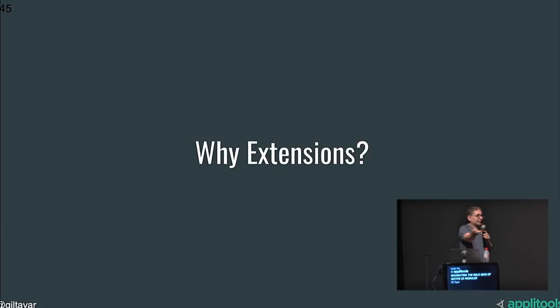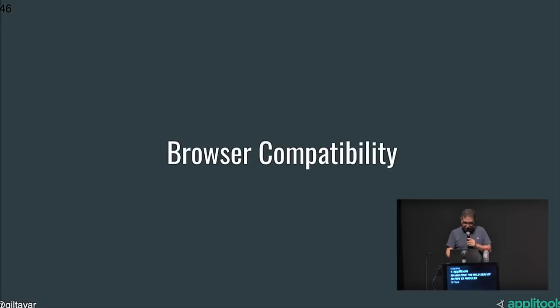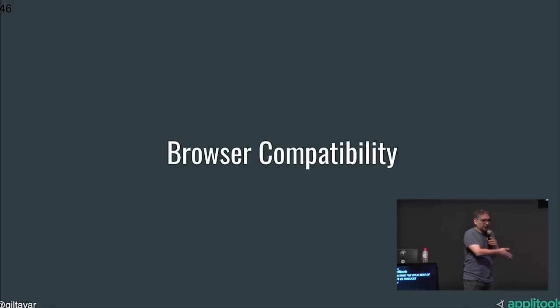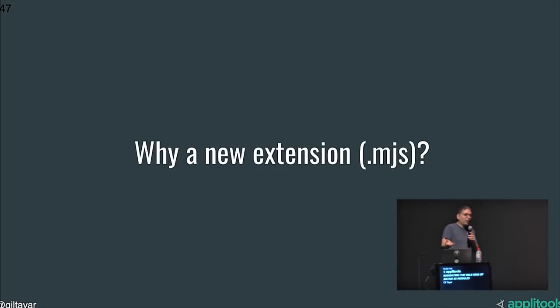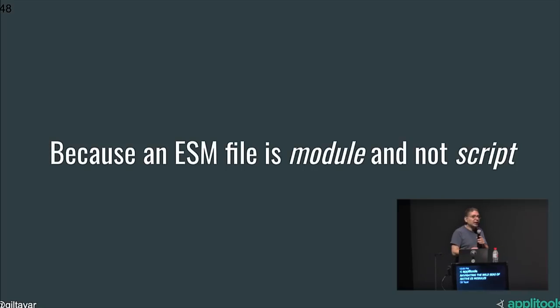First of all, why extensions? Obviously, browser compatibility. Remember, the goal is browser compatibility. If browsers say that we need an extension, then we're going that way in Node.js. But why .mjs and not .js? Because an ESM file is not a script. It's a module.